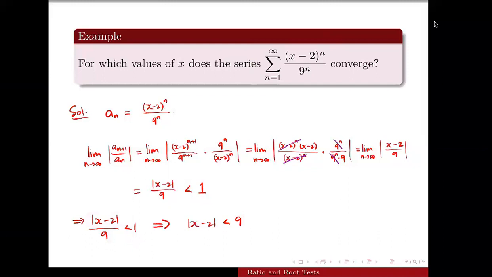And then we use this property of inequalities: absolute value of x less than a is minus a less than x less than a.